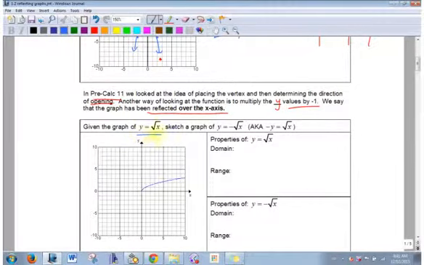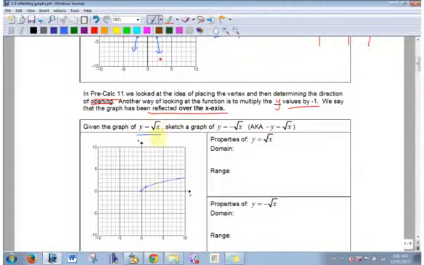Okay, that's root x. Not quite as familiar, but again, can we quickly plot this thing? What are a couple of nice values for x? Well, you got to ask yourself, do I know the square root of some nice things like 0? What's the square root of 0? 0. Do I know the square root of 1? If x is 1, then y is also 1.